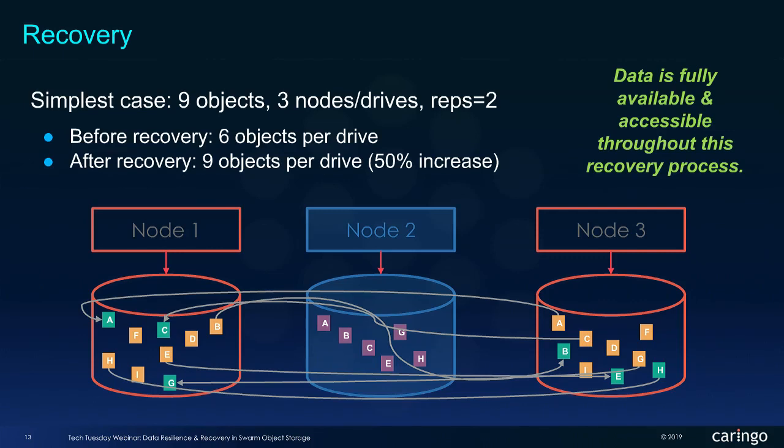Before recovery, you had 6 objects per drive. After recovery, you've got 9, a 50% increase in the number of objects stored per drive. Throughout that process, the data is fully accessible and available, but if in the middle of that recovery, before you've made all those replicas, you experience a second drive failure, you could lose some data.